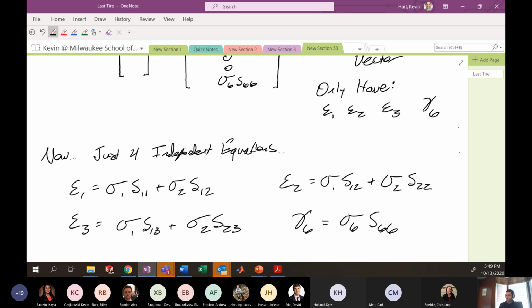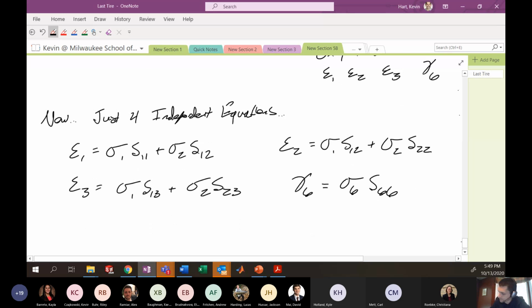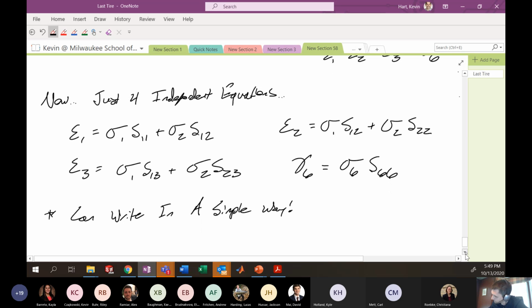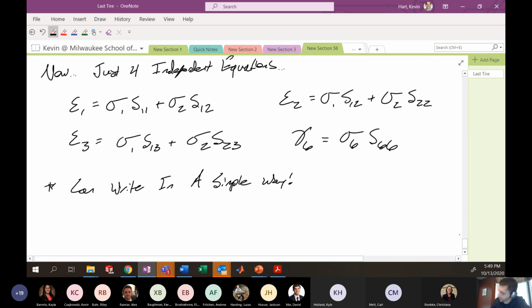It would be nice if we could write these equations in a more simplified way. And we can. That would be the following. Here we'll say that this is contracted Hooke's law for plane stress.